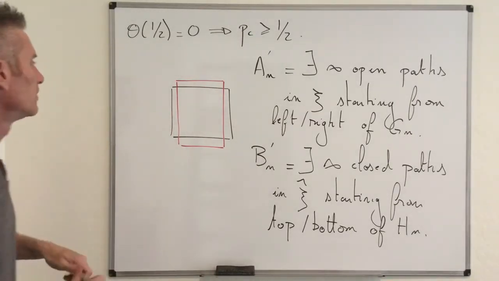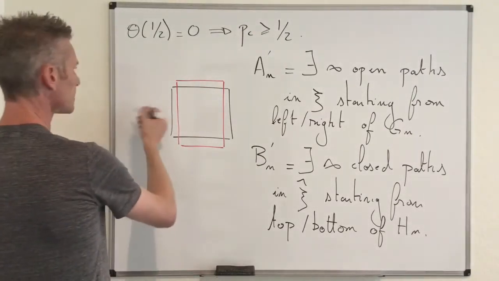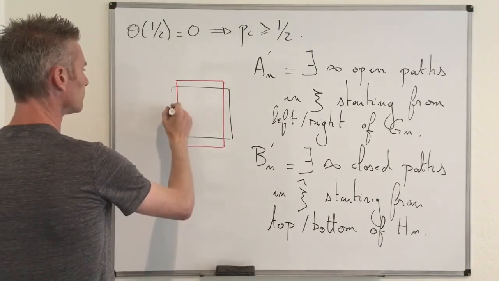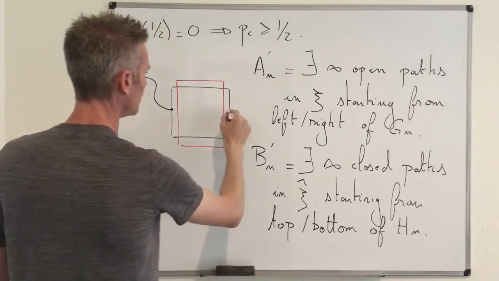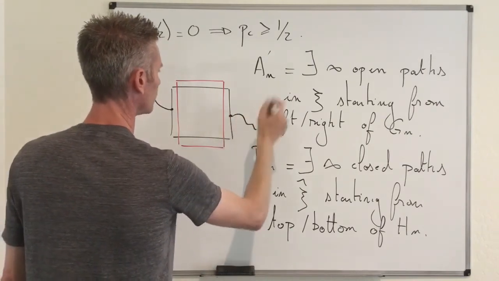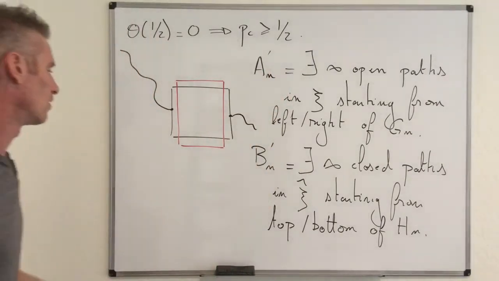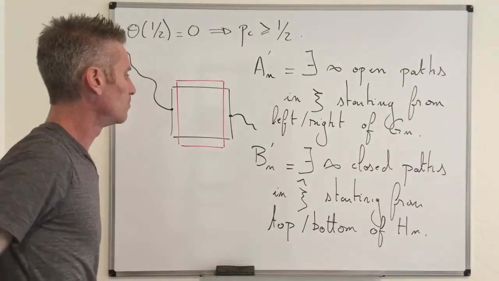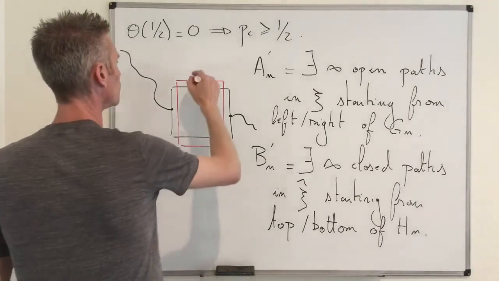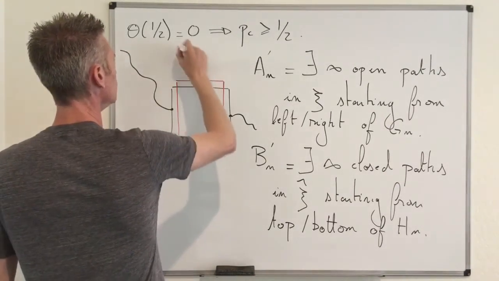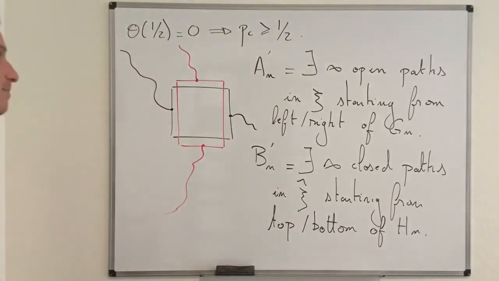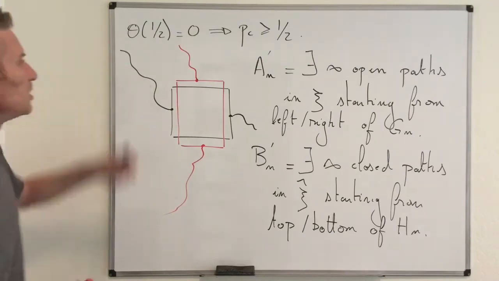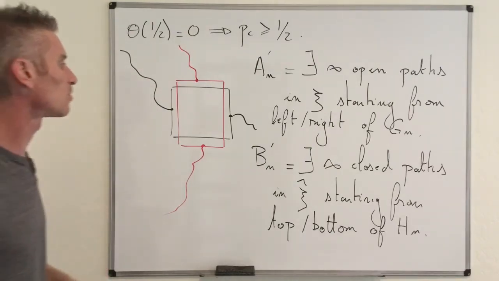So maybe let me draw a picture of that. An means that, starting from somewhere here, you have some infinite path, and starting from somewhere here, you have another infinite path. And Bn means that you have the same but with closed paths. So you go there, and this one, I don't know, goes forever like this. Okay, so these are pictures of those events An prime and Bn prime.